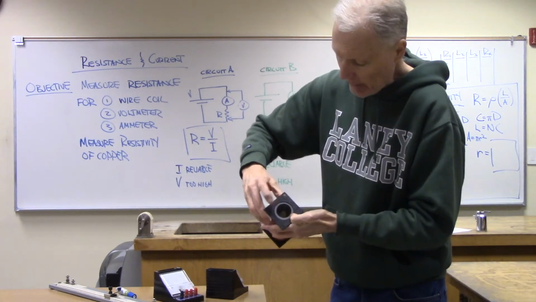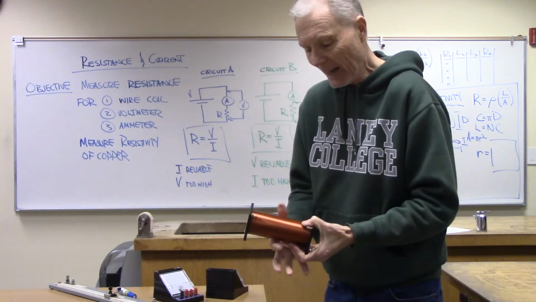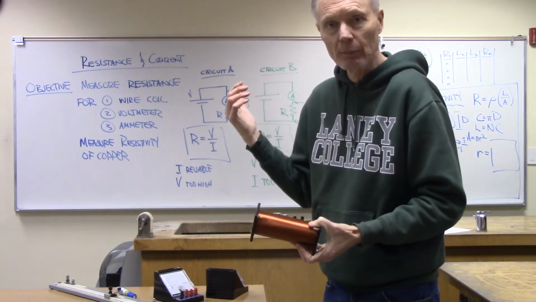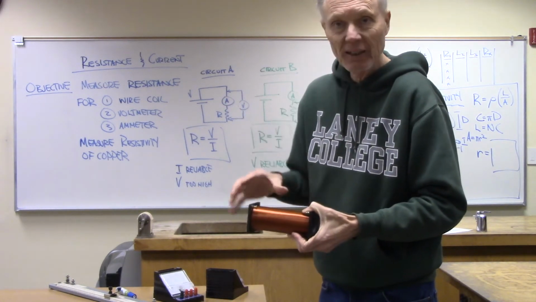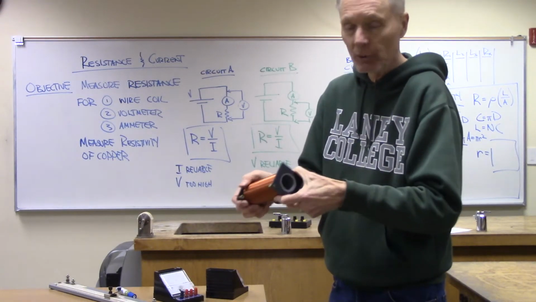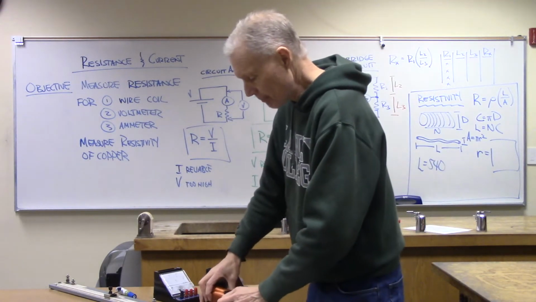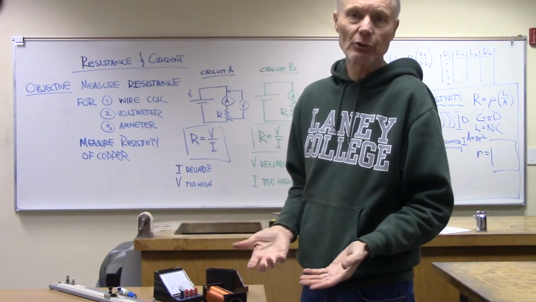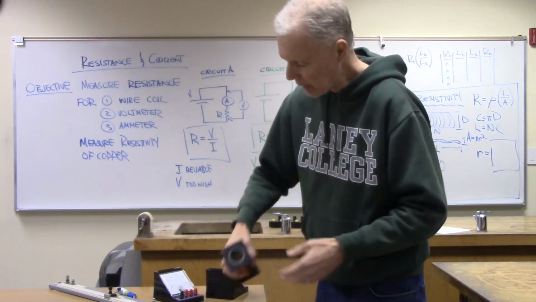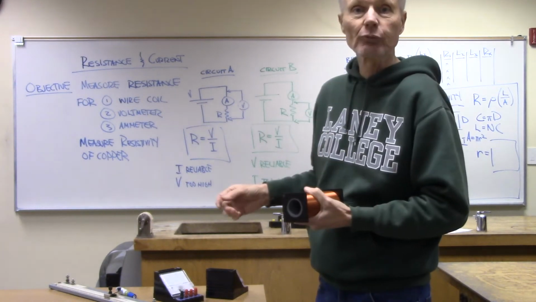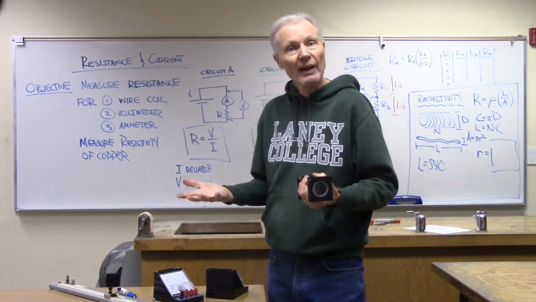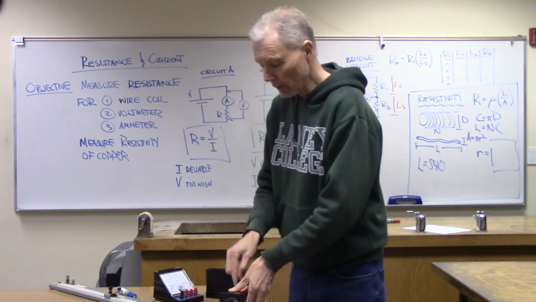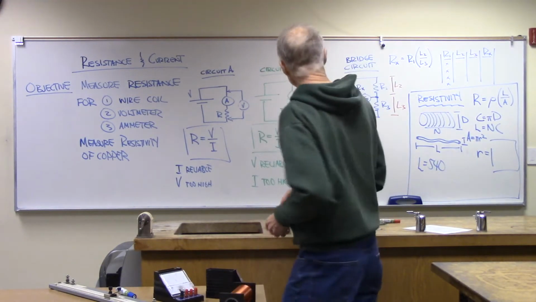Then I get an outer diameter. I have to get out the calipers and do an inner and an outer diameter, and then I'll average. I'll get an average diameter, which gives me an average circumference. And an average circumference times 540 will give me the full length of the wiring. So I will get to doing those measurements.